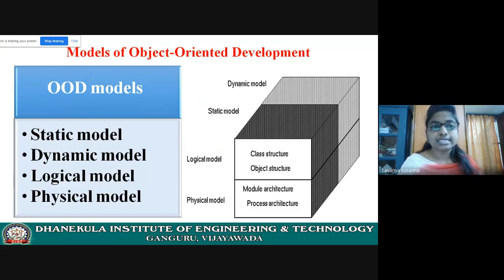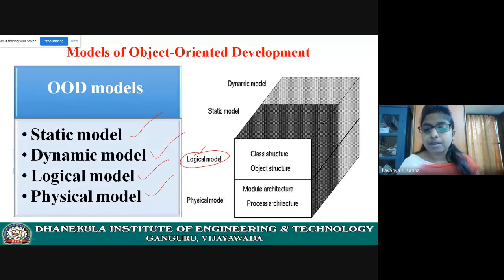Let us see the models of object-oriented development. There are 4 models: static model, dynamic model, logical model, physical model. Let us see each model. First, the logical model.